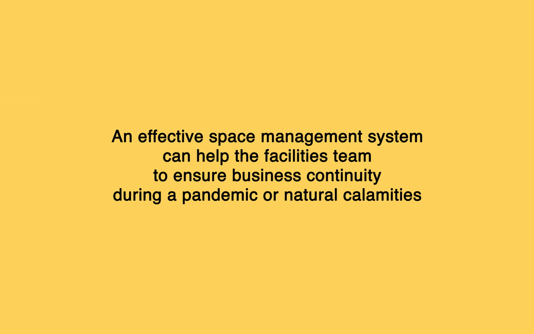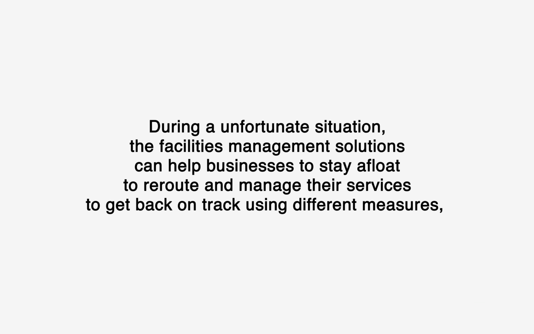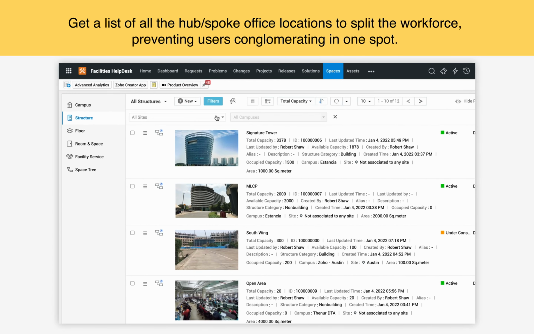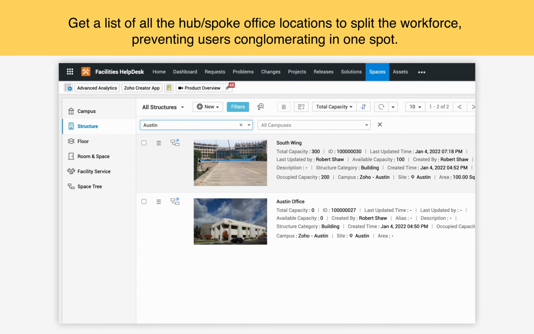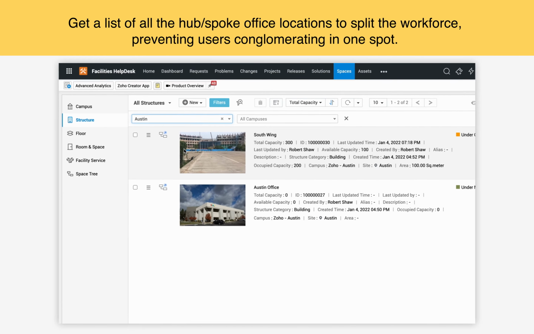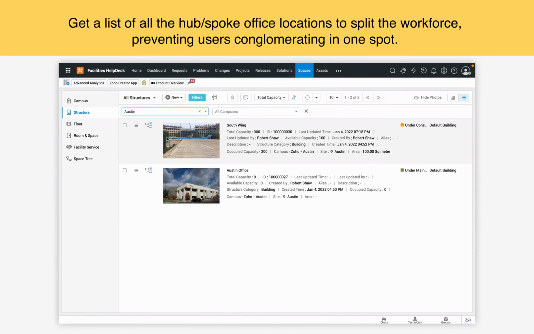An effective space management system can help the facilities team to ensure business continuity during a pandemic or natural calamities. During an unfortunate situation, the facilities management solutions can help the business to stay afloat, to reroute and manage their services to get back on track using different measures. Get a list of all hub or spoke office locations to split the workforce, preventing users conglomerating in one spot.